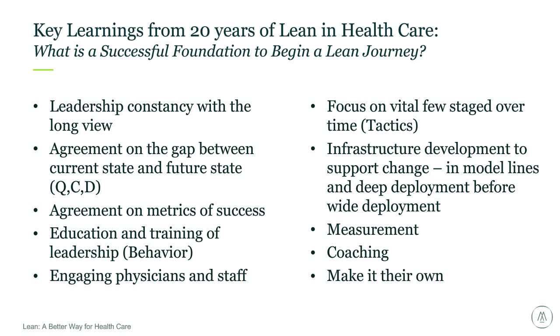This may serve as a bit of a checklist to know whether you're ready or not. Because starting on a lean journey without these key components is very frustrating for everyone. You'll get very limited results, and it makes it harder to start again in the future when you say, we weren't ready before, but we're ready now. It's harder to crank up the machine the second time. So consider whether you're really positioned well.